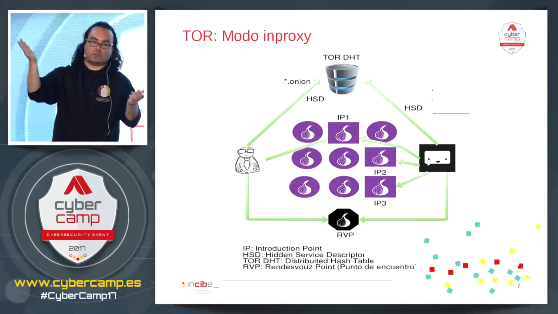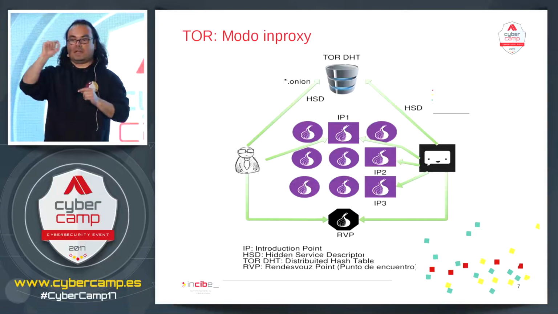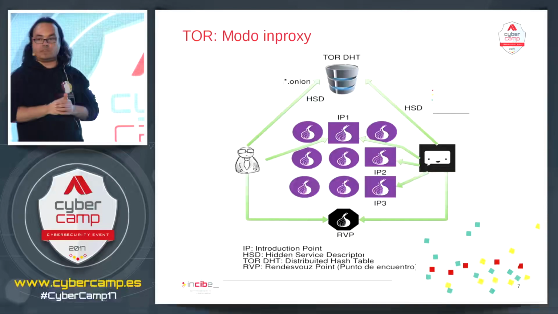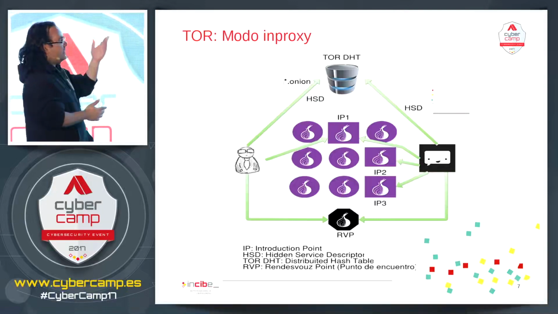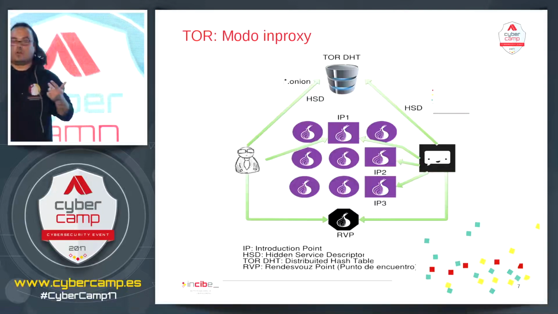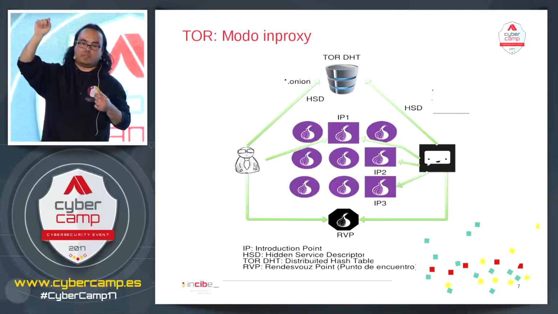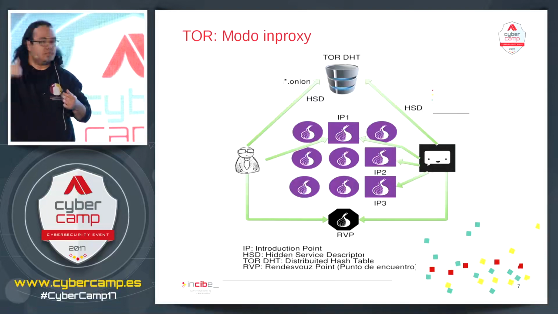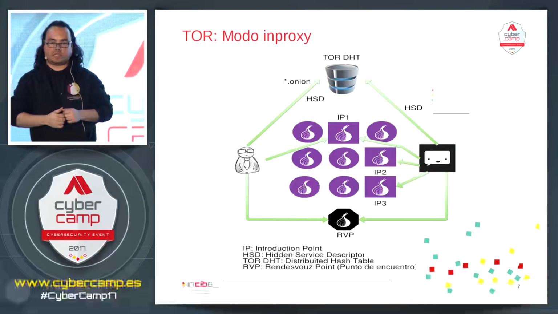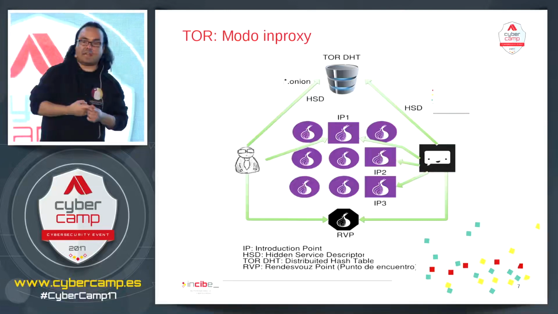In this database, we have all onion addresses and their HSD, hidden service descriptor. This is what we typically find in our HSD. So the client queries an address in DHT, and what it gets from DHT is the corresponding HSD.